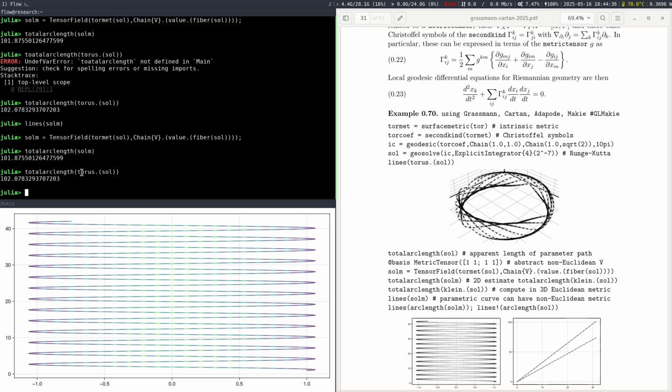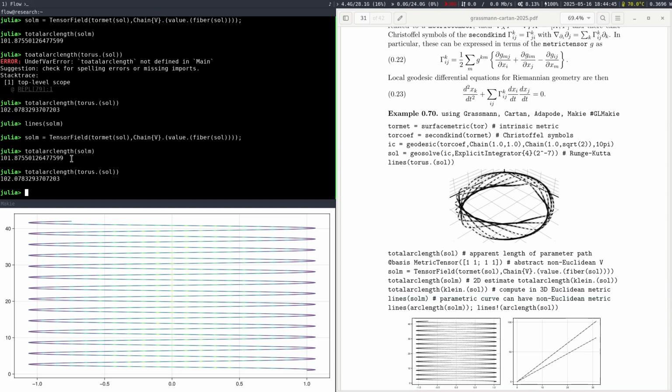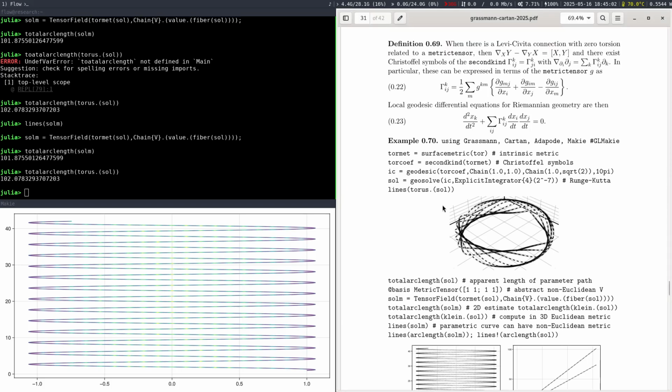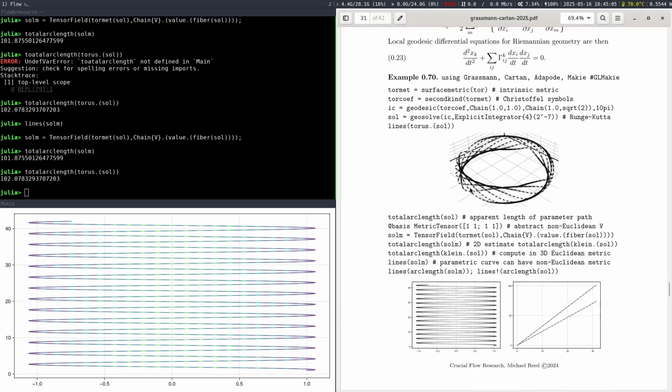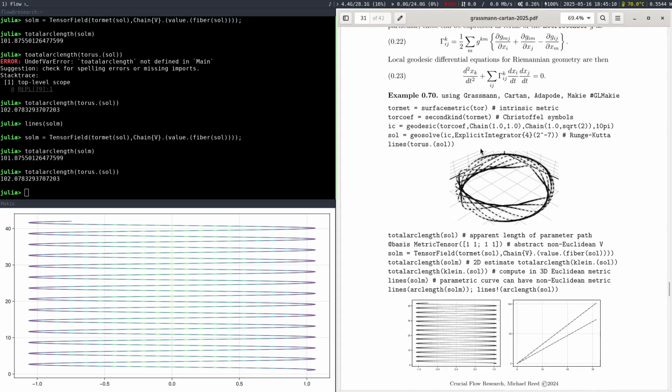So you can either do it in the Euclidean metric, in three-dimensional Euclidean metric, or you can compute the arc length in the space with a non-Euclidean metric. And the formalism here allows you to do a fully non-Euclidean metric that varies from point to point, and this can be any general surface.